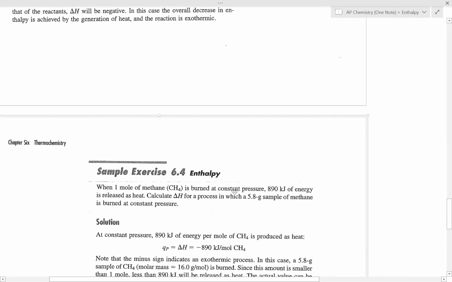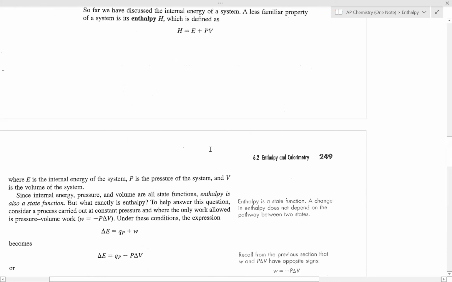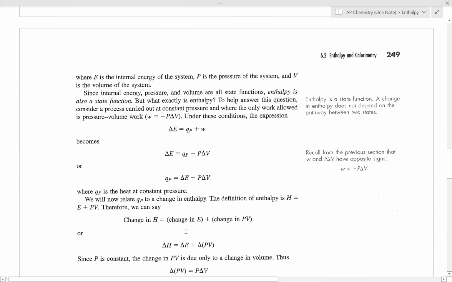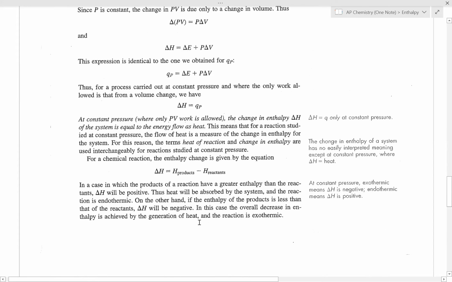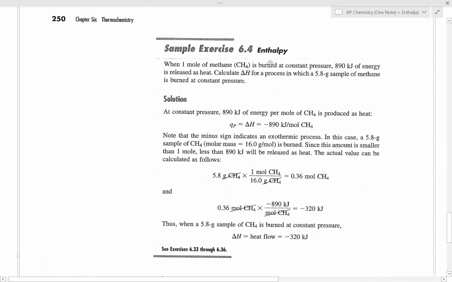On pages 246 and 247, you talk about enthalpy, delta H, and they help you derive it in a little bit more detail. Then they give you a sample question on page 250. So my recommendation is, yes, go through pages 249 and 250, just to be able to go through this material.